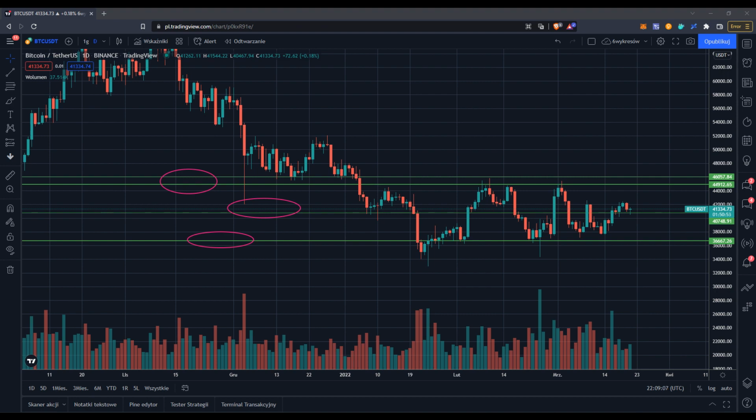All right, so what I love the most are the lower and upper shadows. When it comes to the possible demand, I really love the lower shadows. When it comes to the possible supply, I would like to see the upper shadows. So what are we talking about?